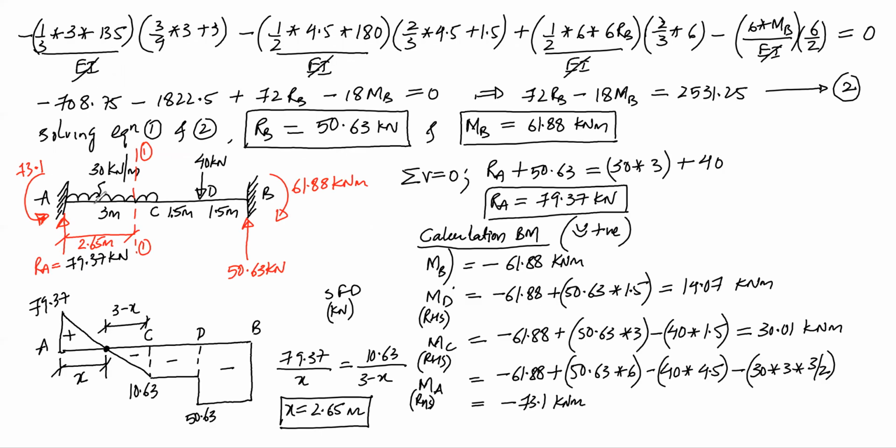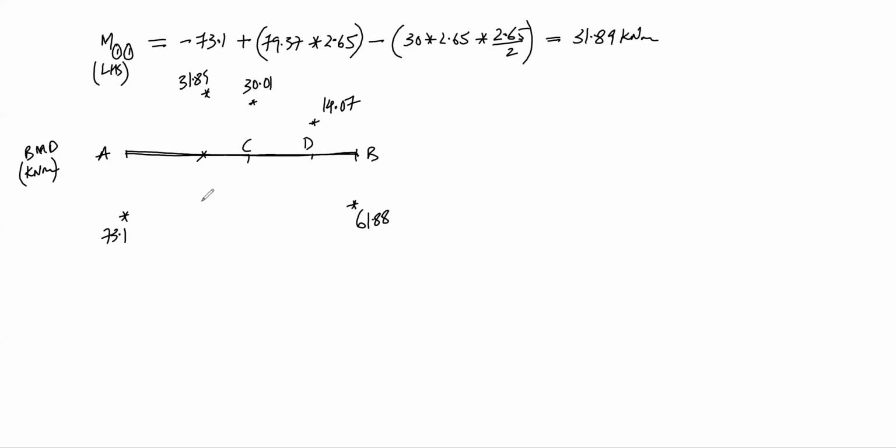Now we know from A to C we have a UDL, so the bending moment diagram will be a parabola. So this has to be joined with a parabola. And from point C to D there is no load, so it will be a straight line. And from D to B it has to come down to the negative region, and from B you have to draw it like this.